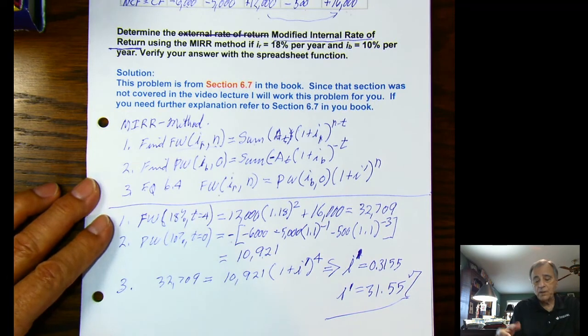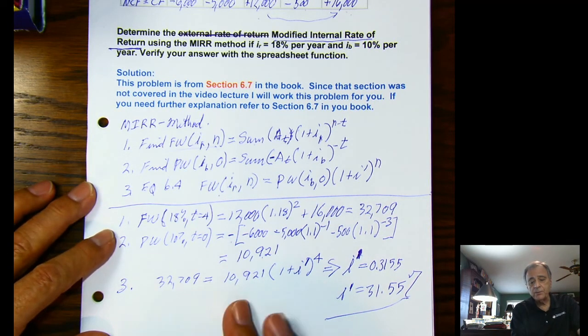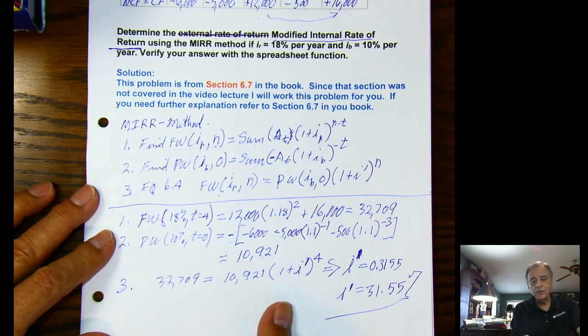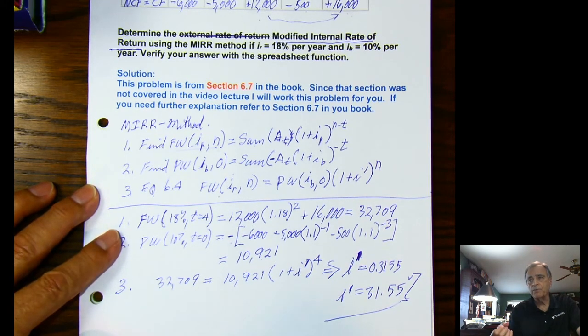And what I basically did was divide through by 10,921, and then I took that value and took it to the 1/4 power.